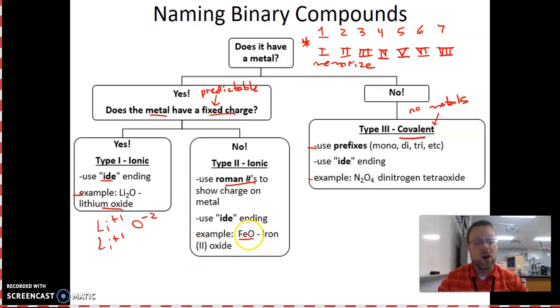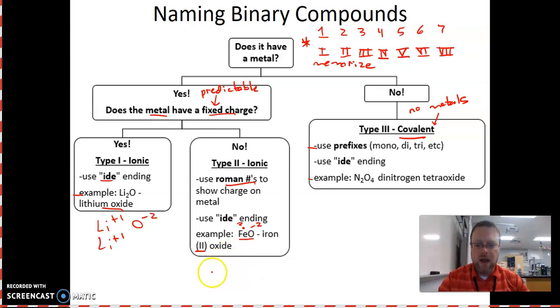The nonmetal's charge is predictable. So in FeO, the O has a -2, and so ask yourself, what does the charge on the iron have to be? To balance it out, it's going to have to be a +2. So this Roman number 2 in the name, iron(II) oxide, is telling you that the charge is 2.